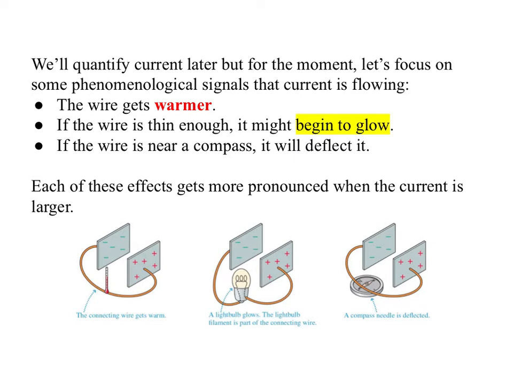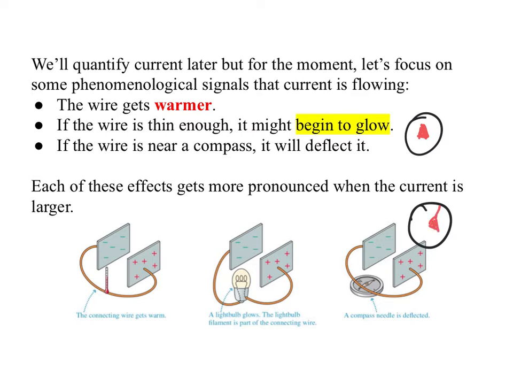And also, if you bring the wire near a compass, a little magnetic thing tells you where north is, the compass will deflect. So if we have a compass needle pointing north that way, and then we bring it by the wire, it will look a little bit not north.